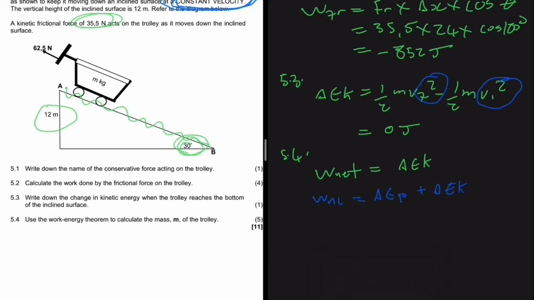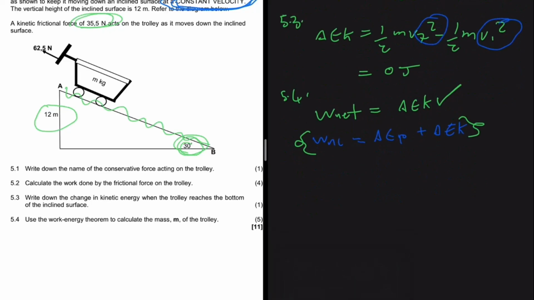Maybe this is the formula you might want to try out and see if it also works. But I'm going to use the first formula. So what is the work net? The work net is the sum of all the works done by the individual forces. So we have the work done by Fg, the work done by friction, and the work done by the force applied.